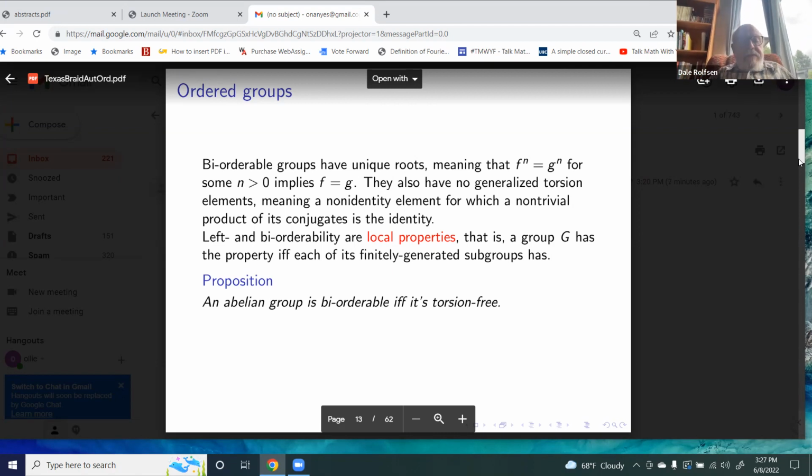That's a bi-ordering, and there are uncountably many different ones. In fact, it's a theorem that a group has either finitely many orders, possibly zero, or uncountably infinitely many. There are no groups with countably infinitely many left orders.